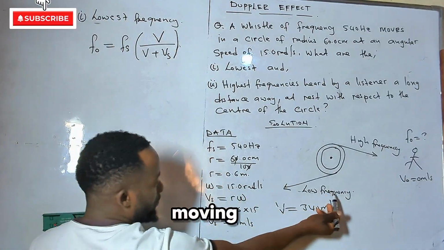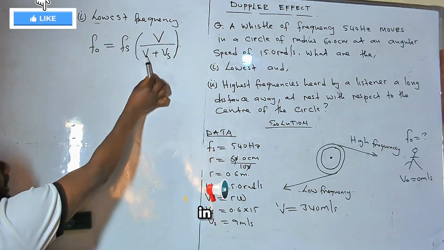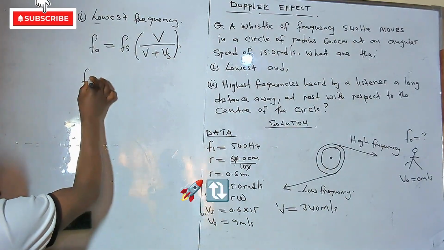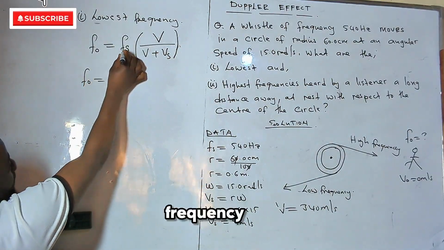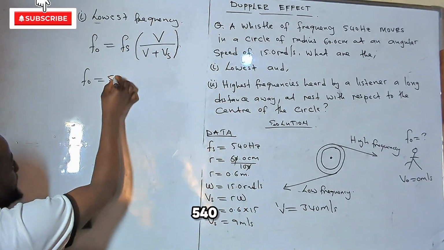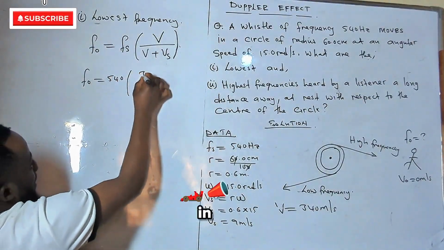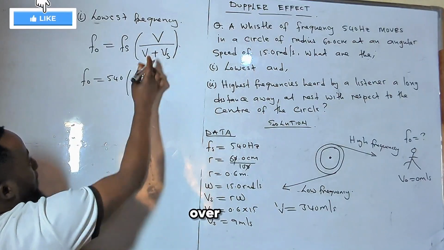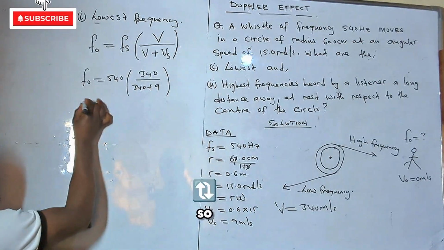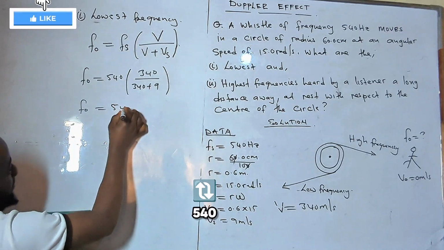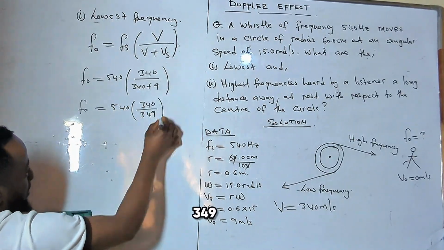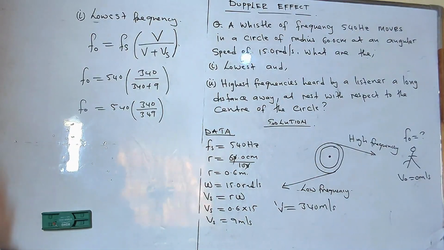So the frequency of the observer is equal to the frequency of the source, which is 540, times the speed of sound in air, 340, over 340 plus 9. So the frequency of the observer will be equal to 540 times 340 over 349. This is our low frequency.